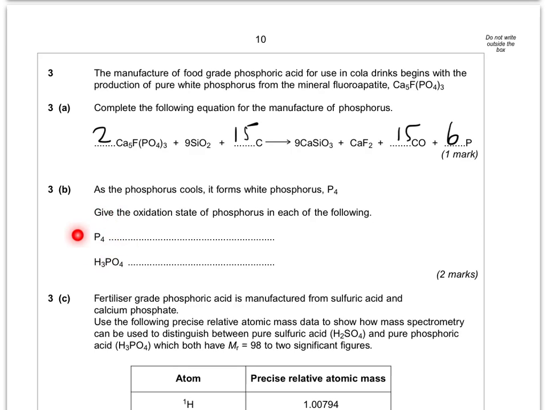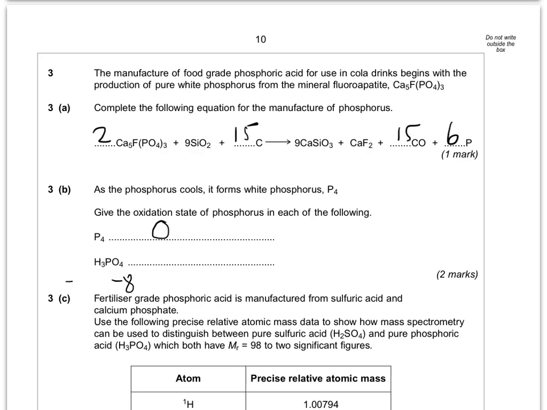Next question is oxidation states. Remember, any element by itself, P4 is an element. It's not joined to anything else. It'll have an oxidation state of 0. Because, remember, your oxidation states have to add up to the charge on the molecule. The charge on this is 0. So the only value that P could have to have 4 times whatever it is equaling 0 is 0. And then your H3PO4, remember, oxygens are generally always -2. So that's going to be -8 overall because there's 4 of them.